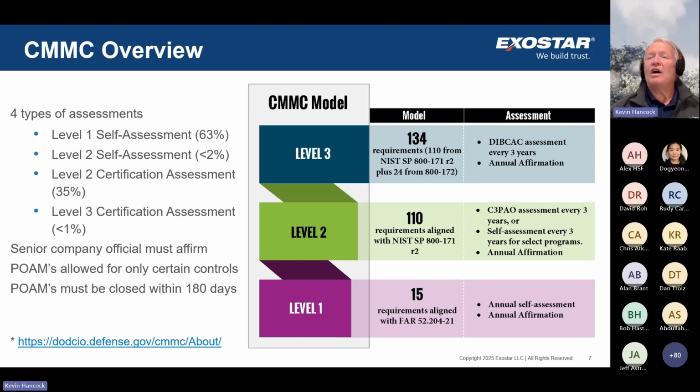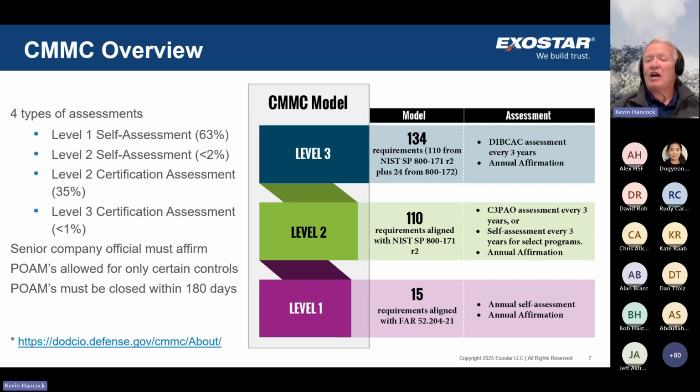Now, level 1 is the majority of the defense industrial base. 63% of the organizations, it's estimated, will just be level 1. And in those cases, you have 15 requirements that you have to meet.